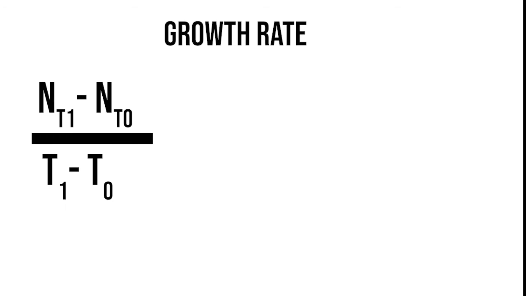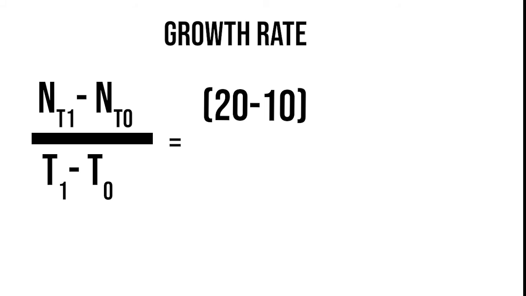So what we're going to have for our N1 is going to be 20. And we're going to have for our N0 is 10, because at the first half hour mark, we've got a population of 20.